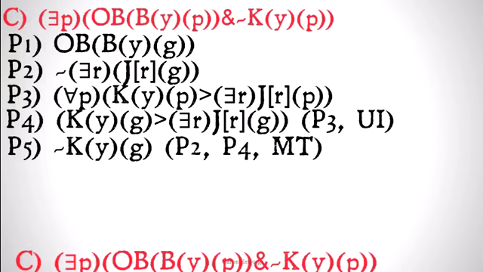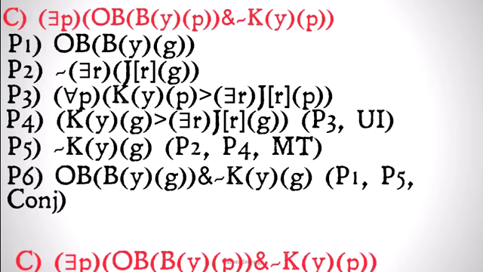Then we'll use modus tollens to get, it's not the case that you know that God exists, because you need some reason to justify your knowledge that God exists, based on our standard internalist definition of knowledge, hopefully that makes sense.